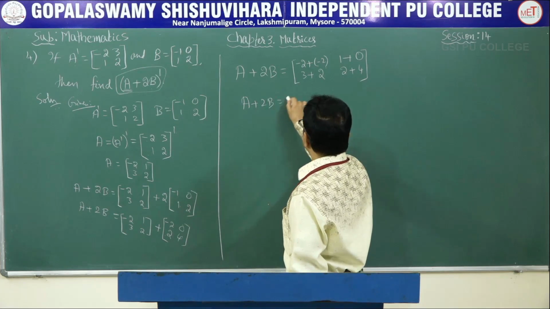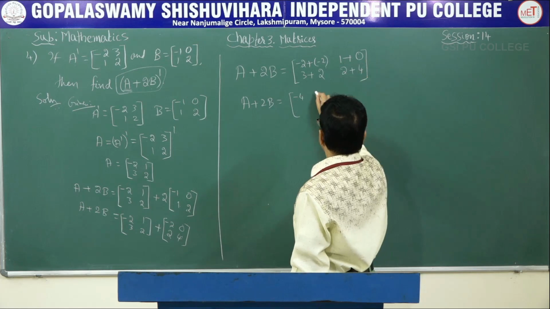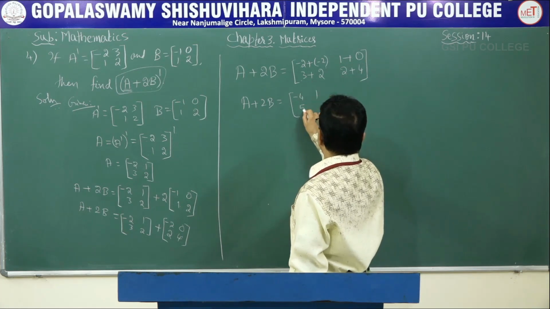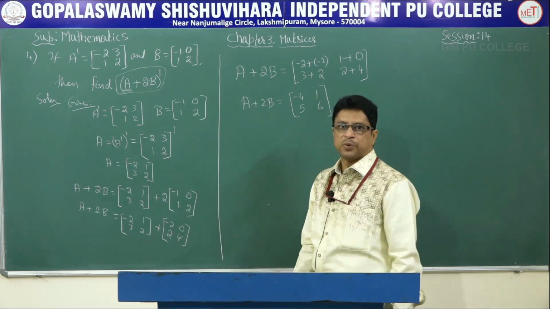So A + 2B is equal to -2 plus -2 is -4, 1 plus 0 is 1, 3 plus 2 is 5, 2 plus 4 is 6. This is A + 2B.